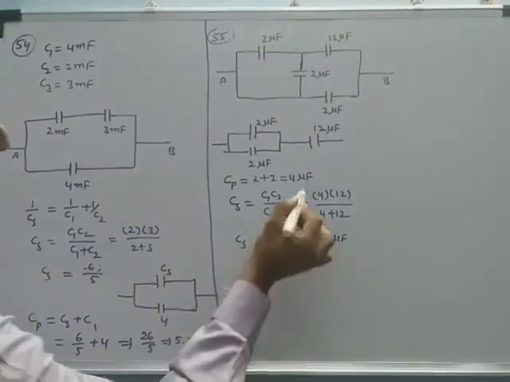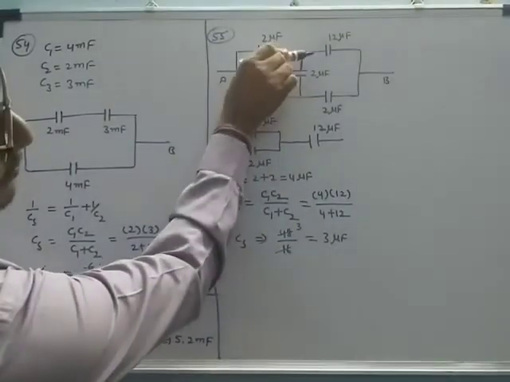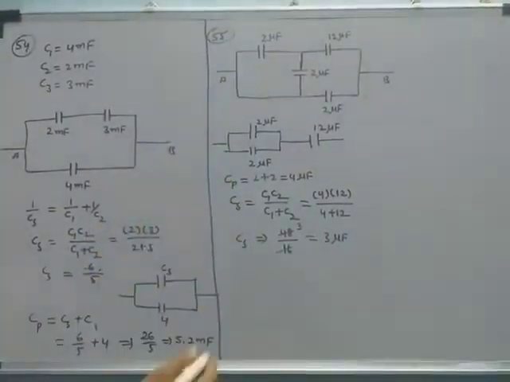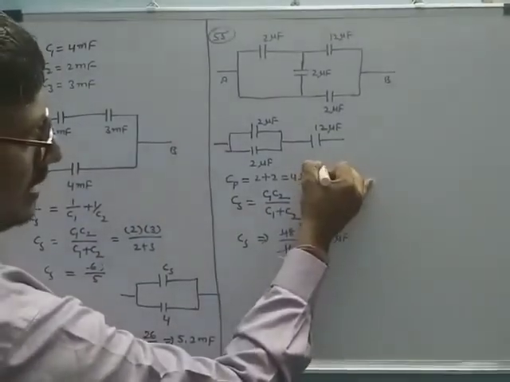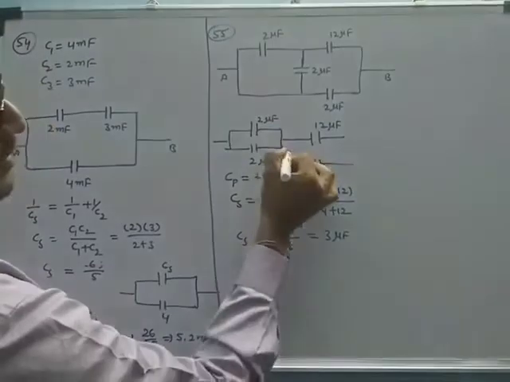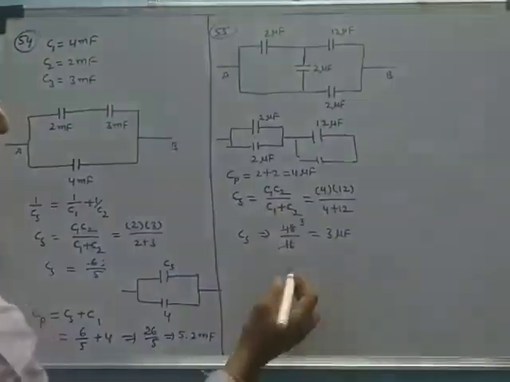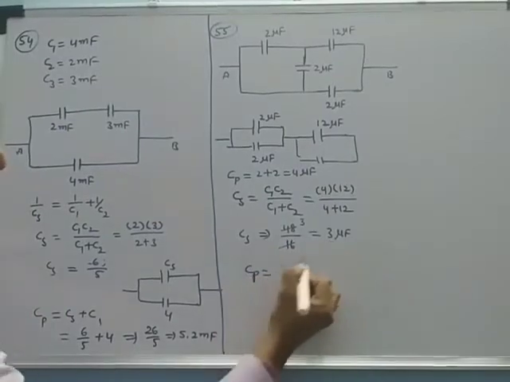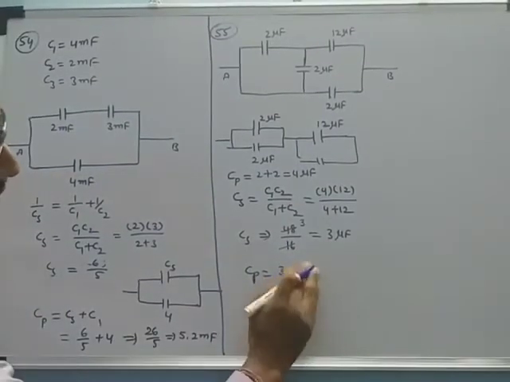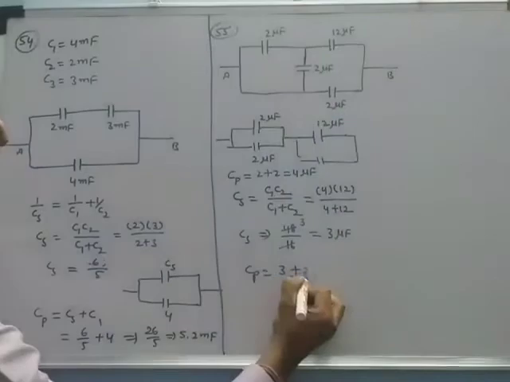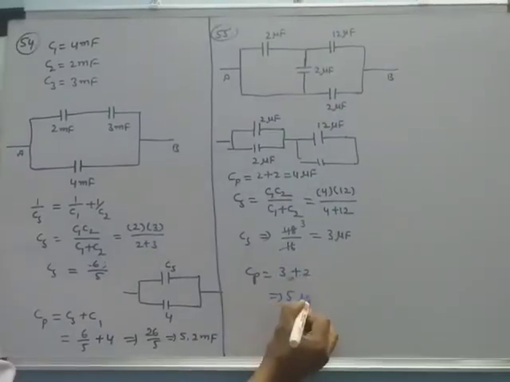Now this 3 microfarad is connected in parallel with the 2 microfarad. So the parallel combination is 3 microfarad plus 2 microfarad, which is 5 microfarad.